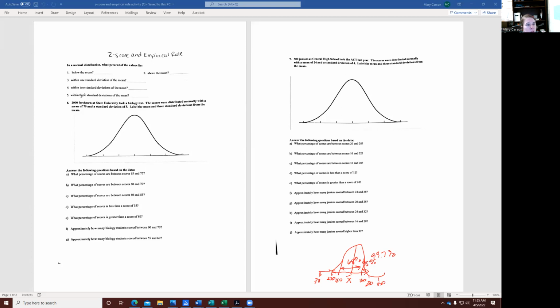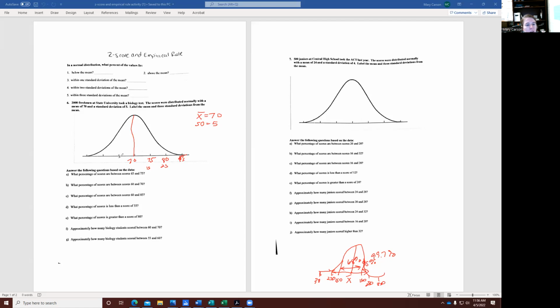So this first problem says the scores were distributed normally with a mean of 70 and a standard deviation of 5. So we start here in the middle at 70. If we go 1 standard deviation, you add 5. If you go 2, you add 5 more. If you go 3, you add 5 more, so that's 85.